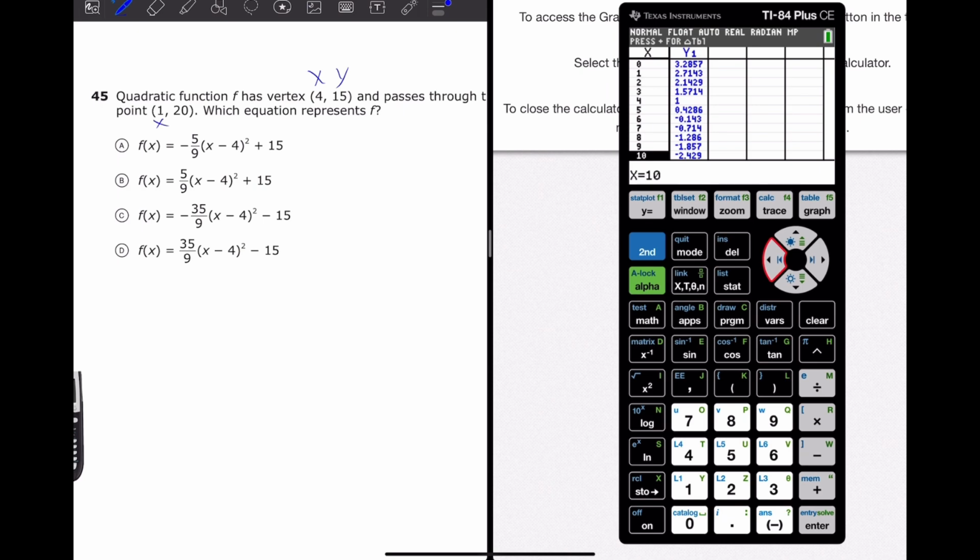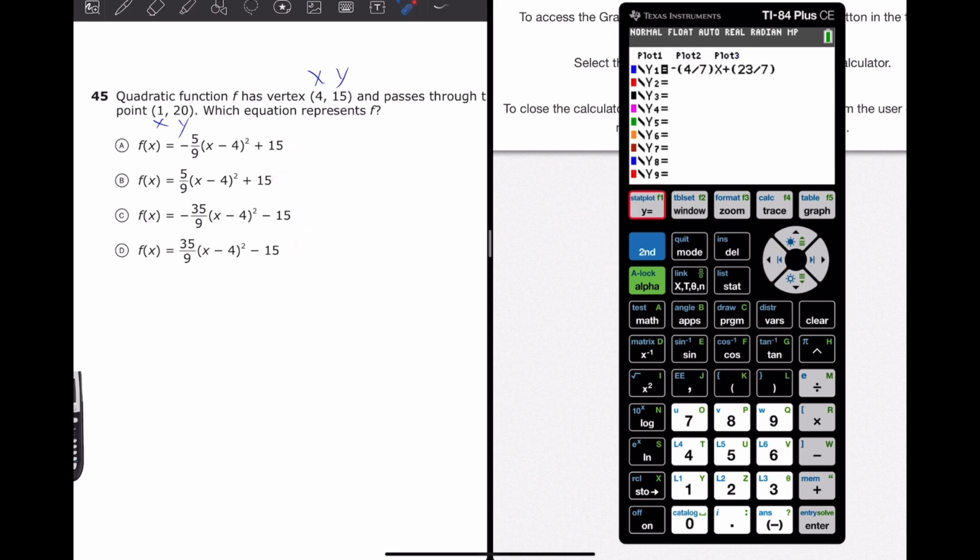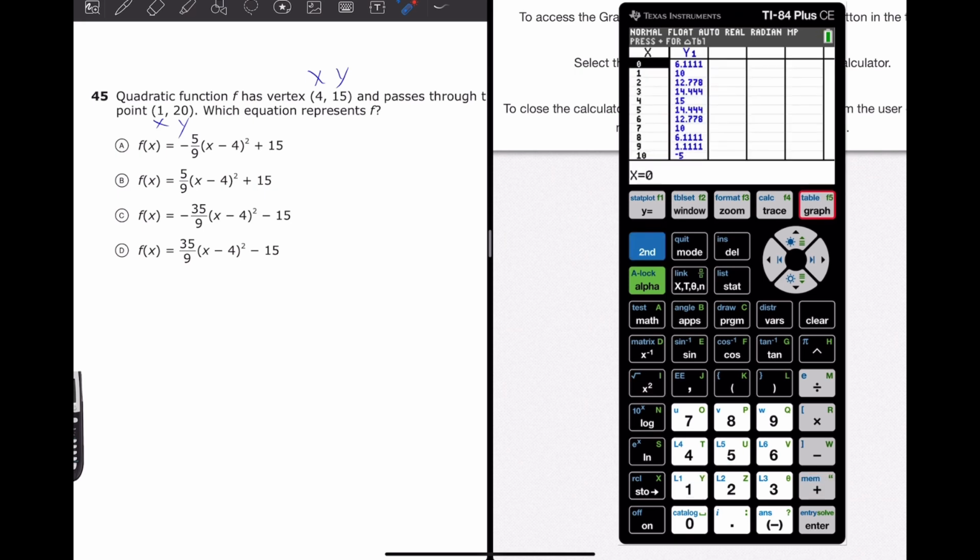On this one we have our x and y. What you want to do on this type of question is enter each of your choices under y1. And then we're going to be looking at the table to see if it has the x of 4 right across from the y of 15 and x of 1 across from y of 20. 4 and 15, yes.